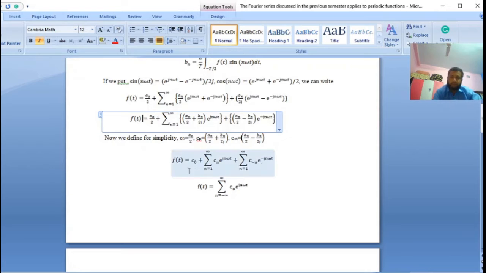this expression. Now suppose this n is a dummy variable, so you can change it to m, with minus n equal to m, then the limit will be minus infinity to minus 1. If I change this minus n to m, that will be cm, and that will be e to the power j m omega t, and the limit will be minus infinity to minus 1.